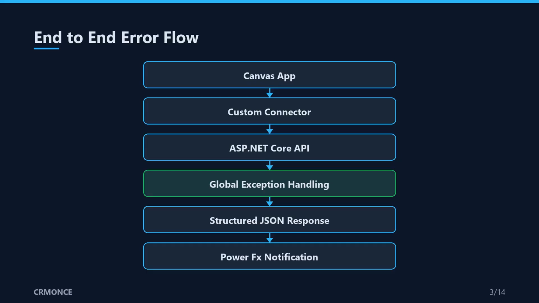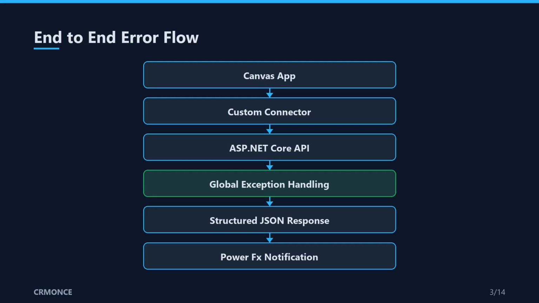Here is the big picture architecture we are building toward. A request leaves the Canvas app through a custom connector, hits our ASP.NET Core API, and instead of exceptions bubbling up uncontrolled, they pass through a centralized handling layer before anything reaches the client. That layer normalizes every exception type into the same JSON shape.